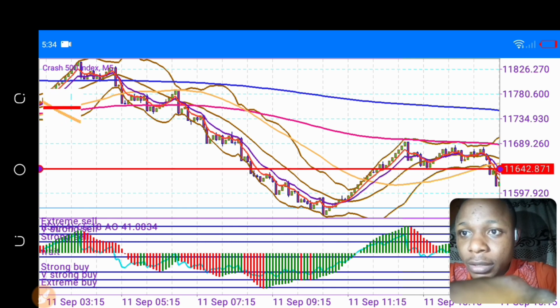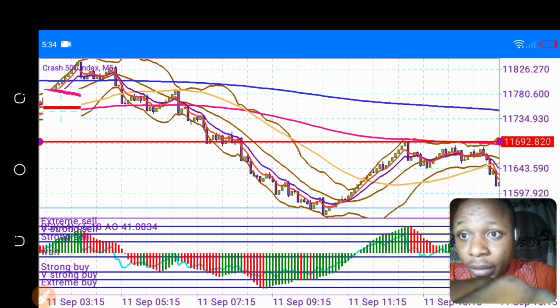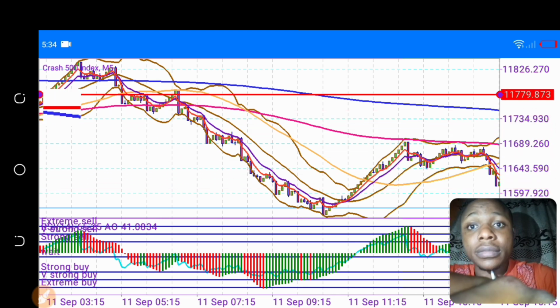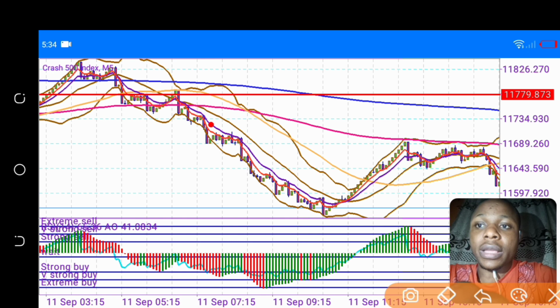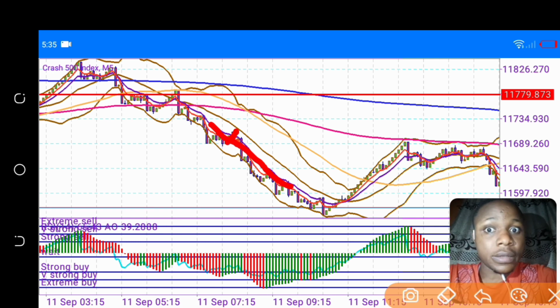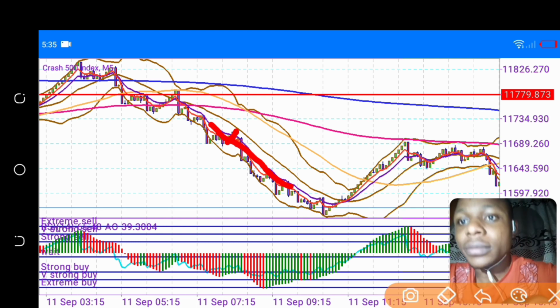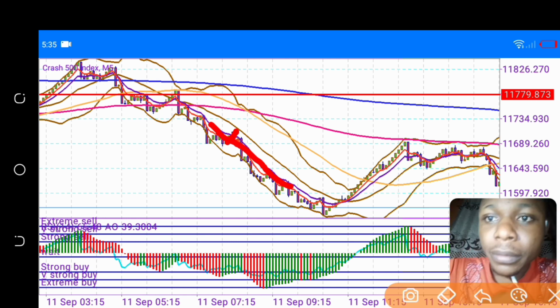Okay, the trend has started obeying SMA 5 and SMA 10 over here. So whenever it is pulling back to SMA 5 or 10, sell. That's another strategy. I've taught you that one before. You sell.